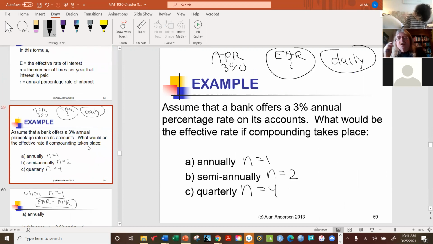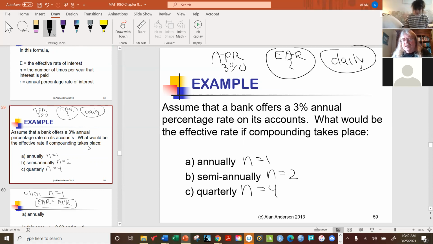Let's say that our bank offers a 3% APR. What would then be the effective rate based on the following 3 assumptions? Compounding takes place in part A annually, in part B semi-annually, and in part C quarterly. And these are the corresponding values of n in those different cases.